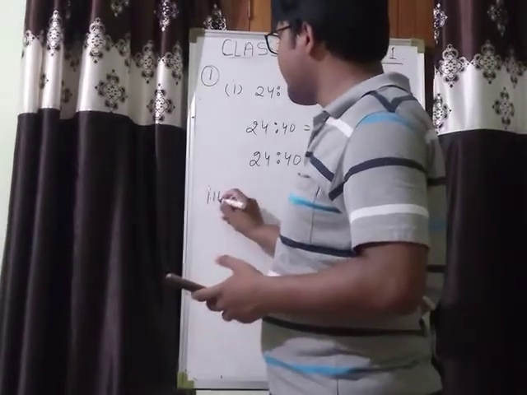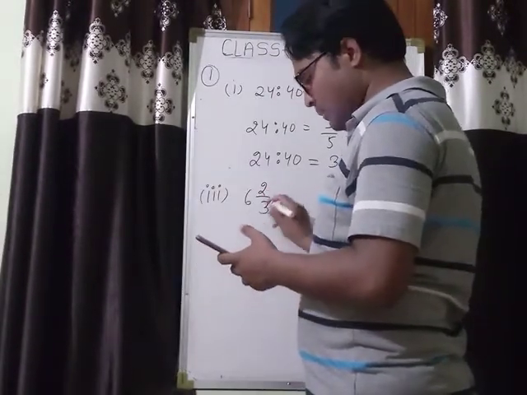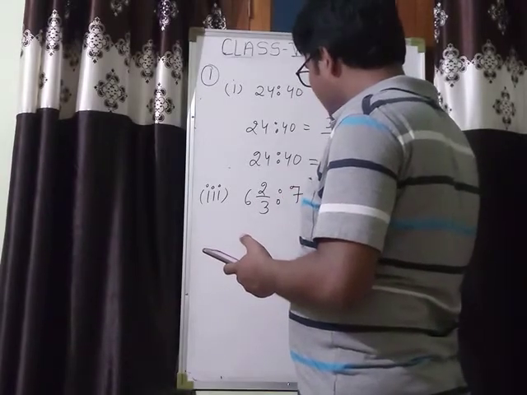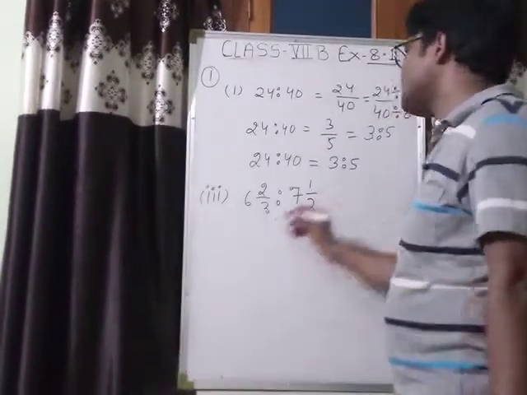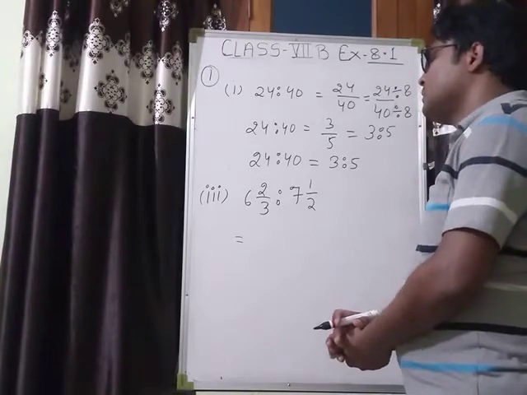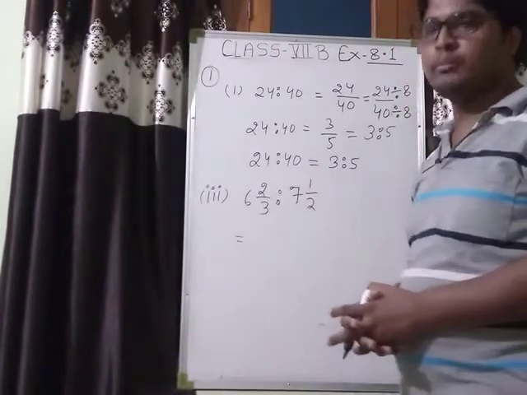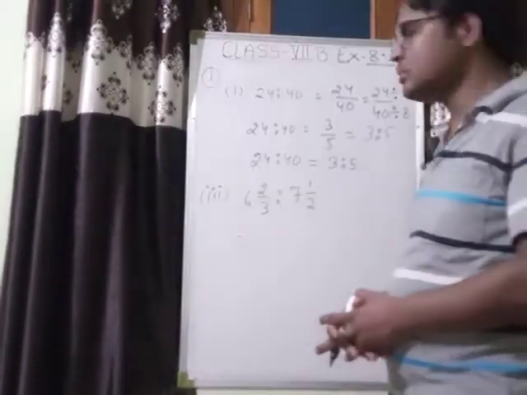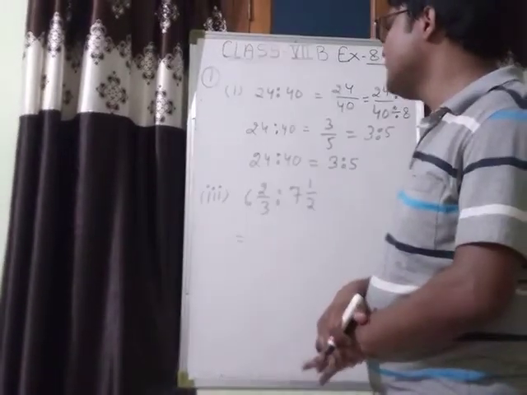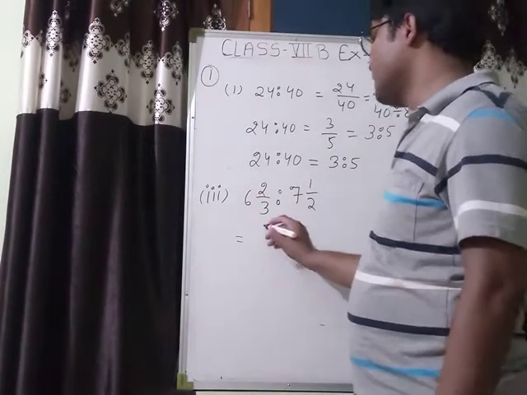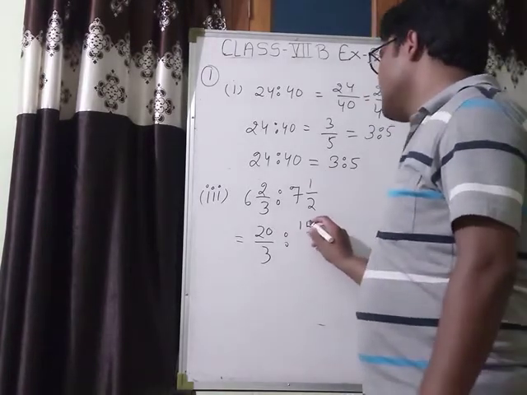Now the third one. This is 6 whole 2/3 is to 7 whole 1/2. We want to convert this into the simplest form. First, antecedent and consequent are both given as mixed fractions, so convert them into improper fractions. 3 sixes are 18, 18 plus 2 is 20, 20 upon 3. 2 sevens are 14 plus 1, 15 upon 2.